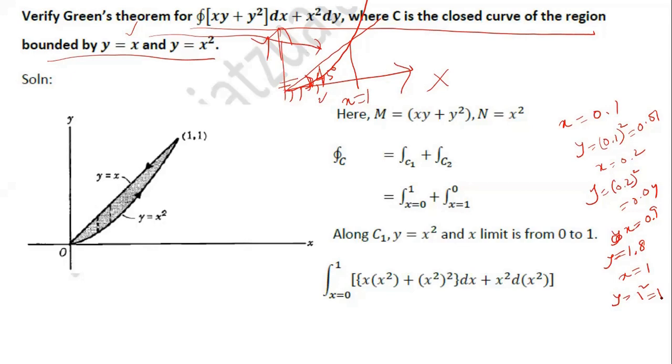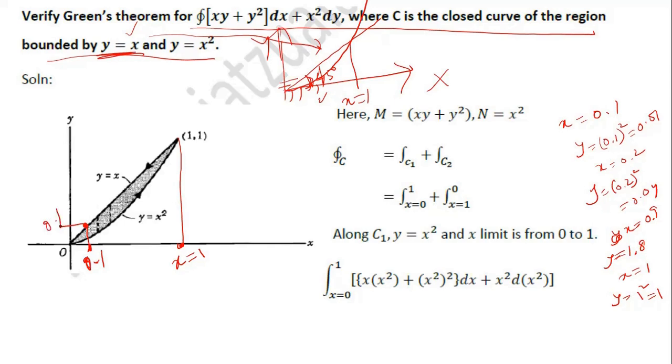So as you can see in this example, below x equal to 1, in the equation y equal to x squared, the y value is always less than the y value for y equal to x. For example, if x value is 0.1, for y equal to x the corresponding value of y is also 0.1.